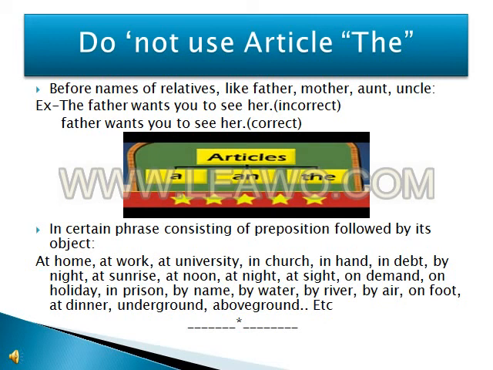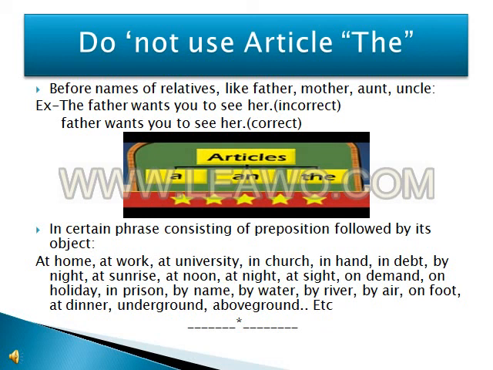And next rule: in certain phrases consisting of a preposition followed by its object. Here are some words you have to keep in your mind. With these words, we never use the article the.